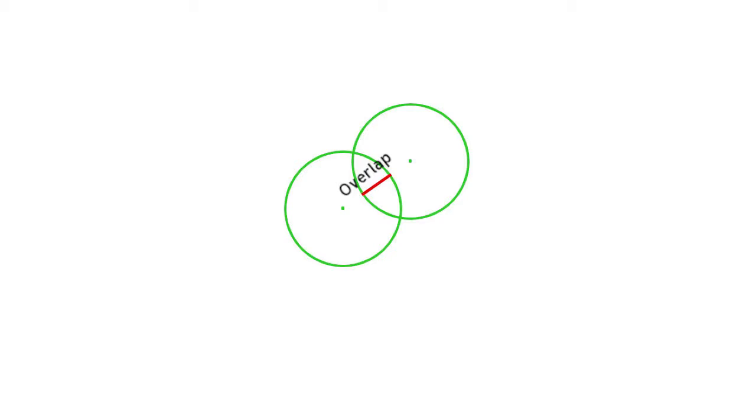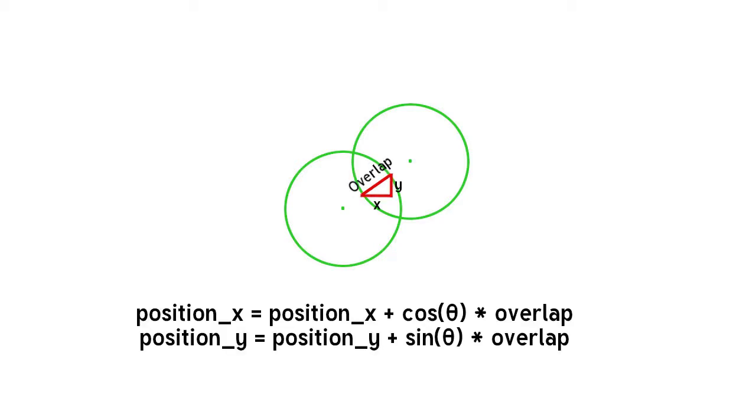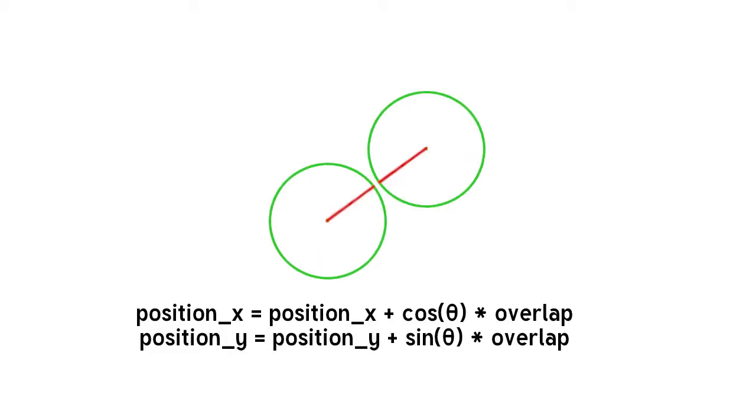Then find the overlap vector. Use the product of cos and sine that we used earlier to break down the overlap vector into x and y components. After that, distribute the overlap's x and y components to both circles or a circle of your choosing.